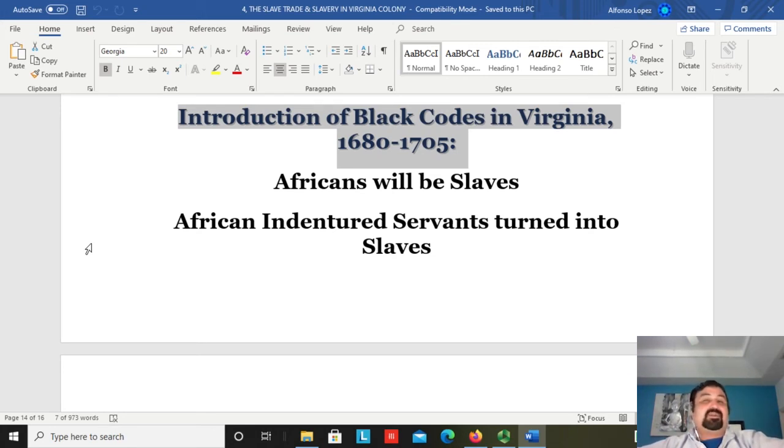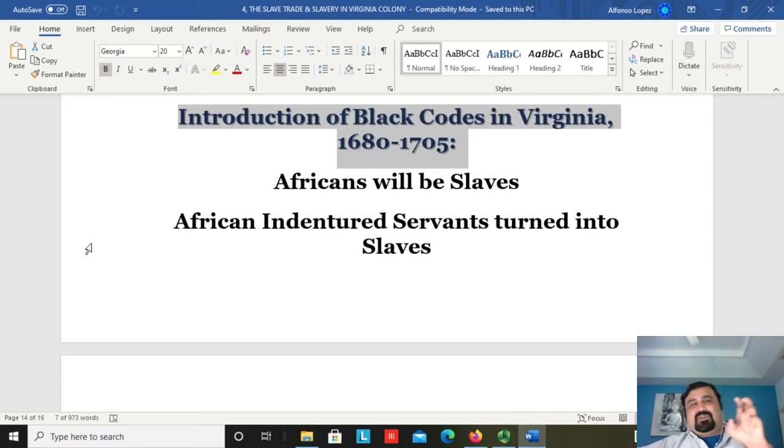That's what a black code is. It's a slave law. That is to say, look, we're going to have a different system of labor. We're going to introduce now African slaves, and they're going to be the labor force, the workforce of the colony. That is to say, and this is going to be a permanent, again, status.